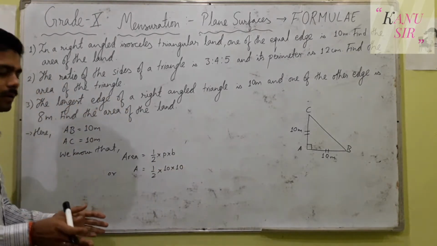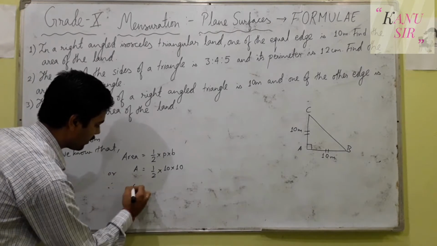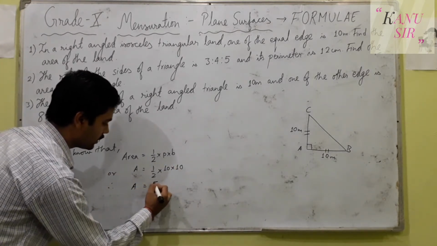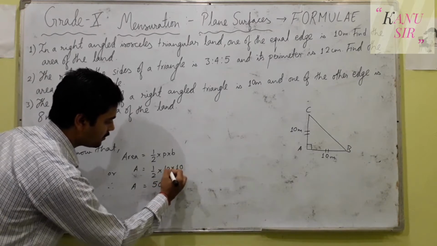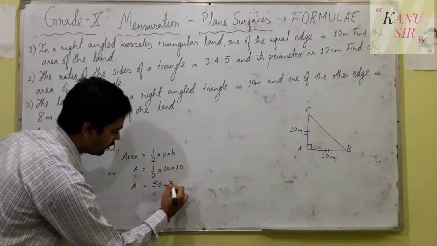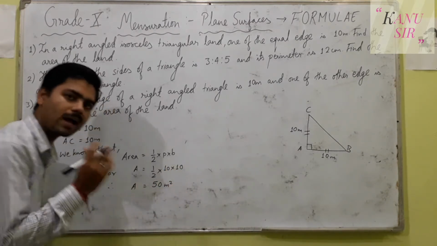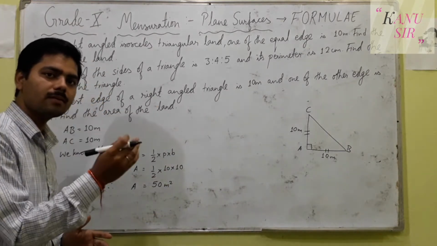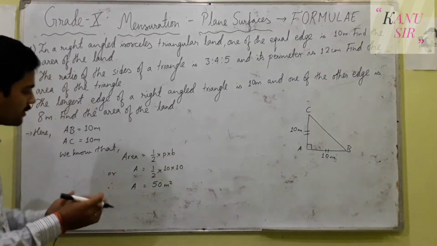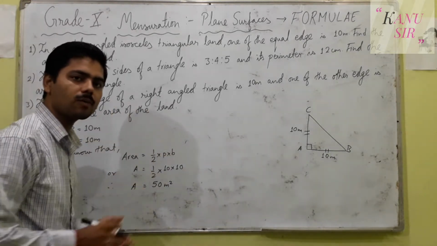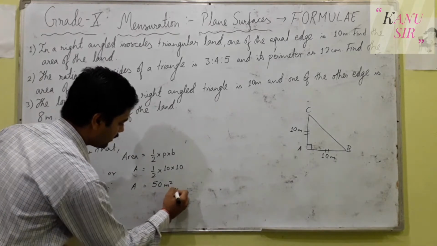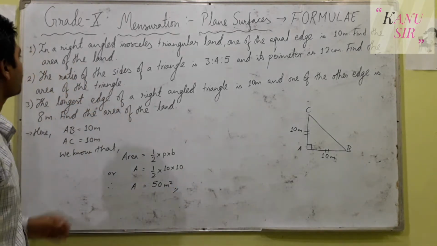Nothing is difficult here, just the calculation. 10 times 10, 100, divided by 2 is 50. Here it is meter and meter, so the unit of area will always be in square form. If it is centimeter, then centimeter square. If it is simply meter, then meter square. If it is feet, then feet square. Hence the area is 50 meter square.